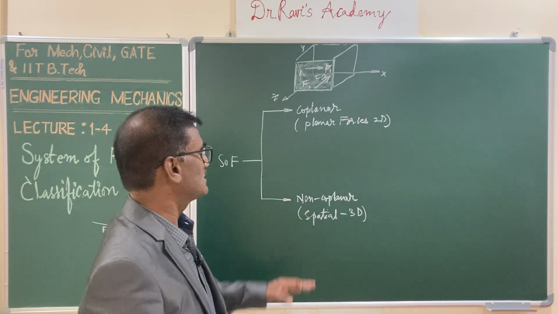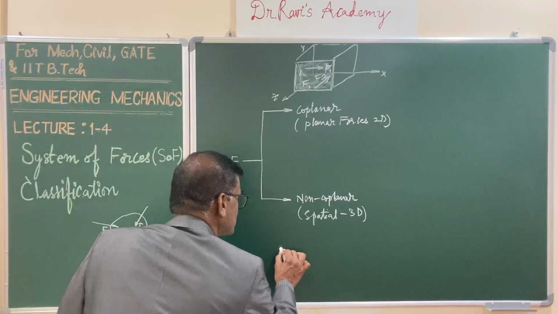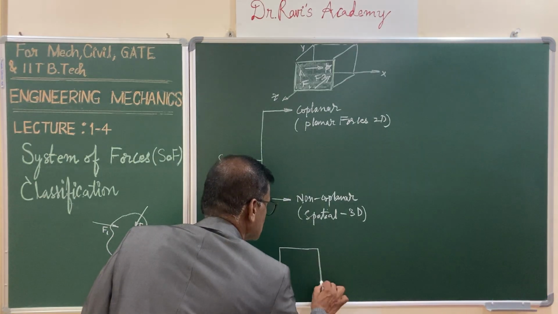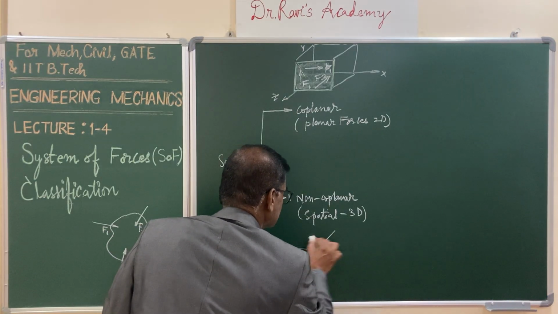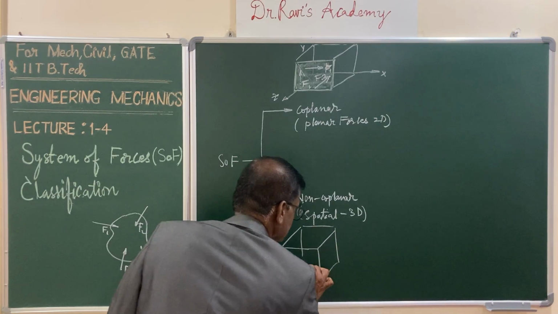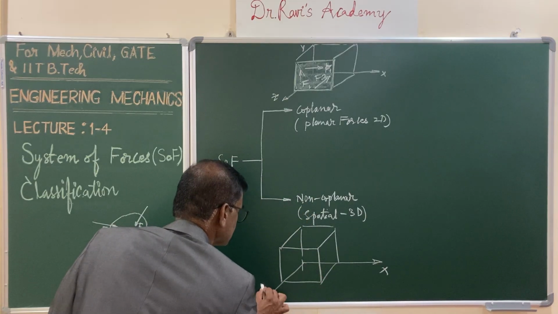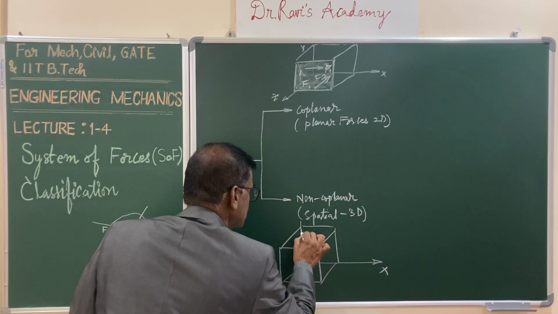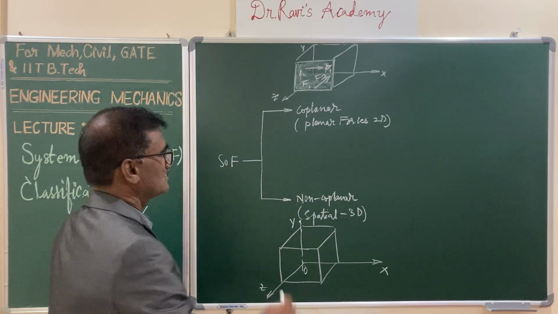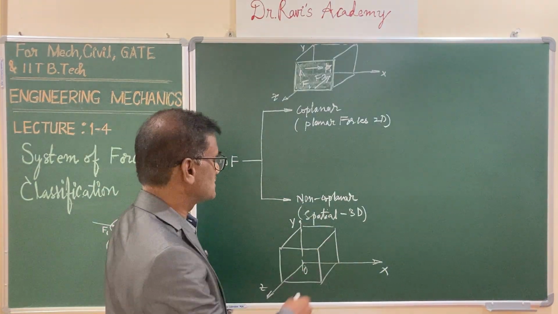On the other side, let us see non-coplanar, where you have a three-dimensional space. Let us consider this is the three-dimensional space, Z, and this is the origin. Let's say this is Y. Your forces are lying in geometric, three-dimensional space.